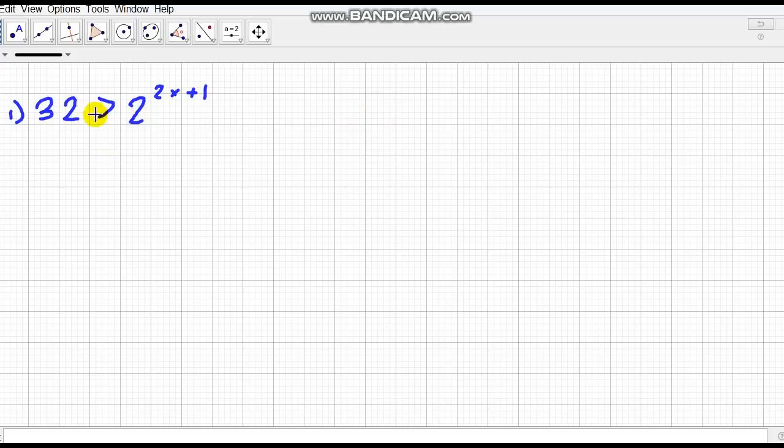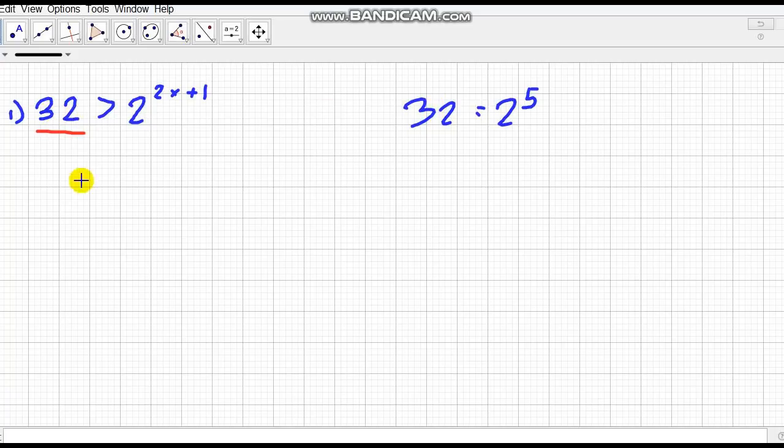So we have here 32 which is greater than 2 raised to 2x plus 1. If you've noticed, 32 is actually an expression which we can write as 2 raised to something. And take note, 32 is actually 2 raised to the 5th power.